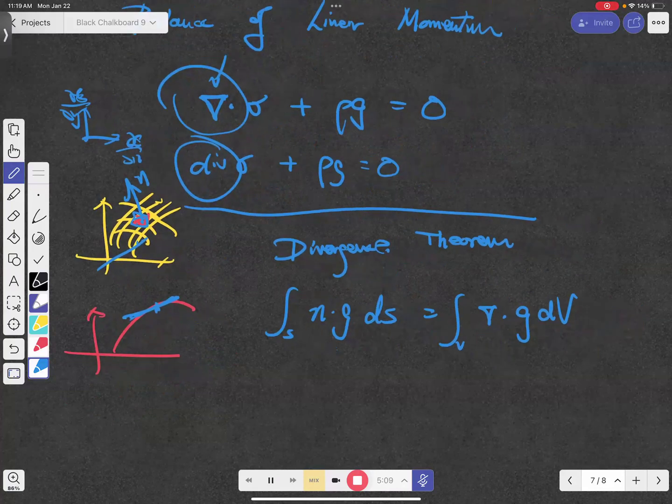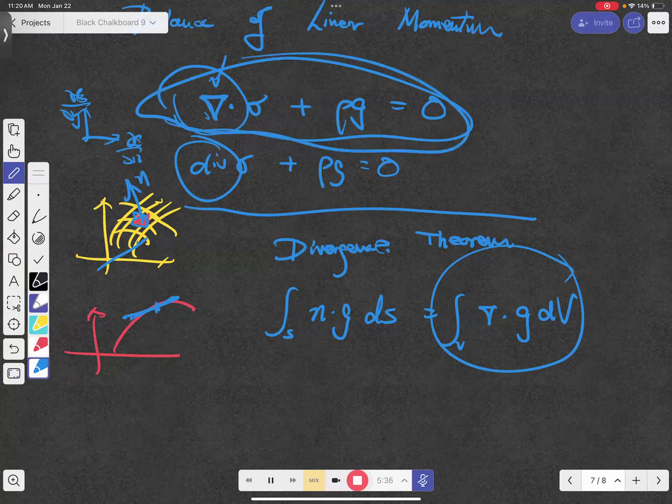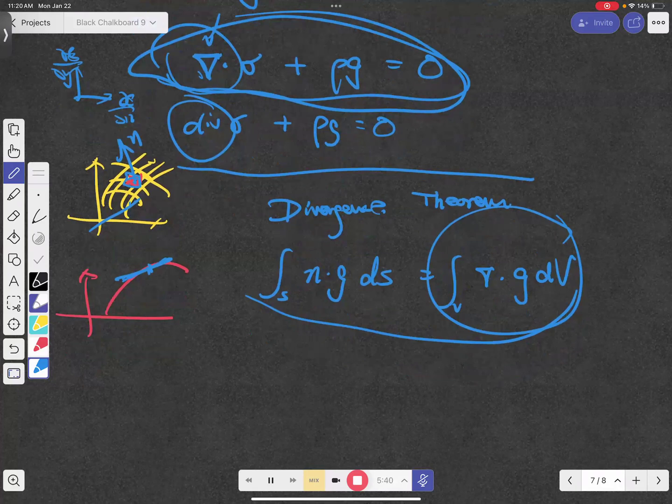Now, why do I want to point out the divergence theorem? Yeah, exactly. This is the balance law. If you see the divergence term and I take the volume integration, I get back this term. This is the balance of linear momentum in integrated form. This is called the local form, and this one, if you write it out, would be the global form.